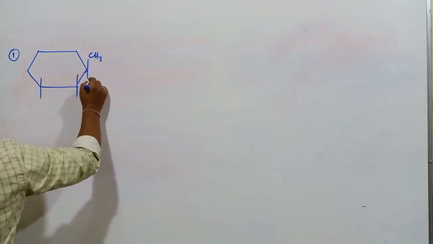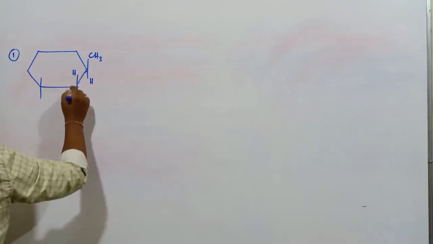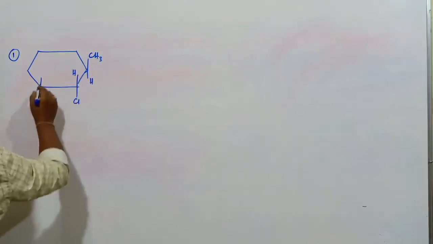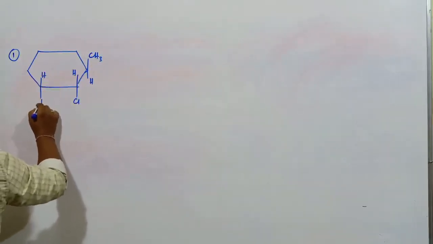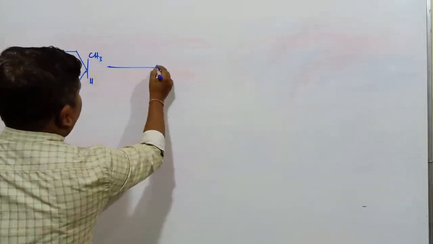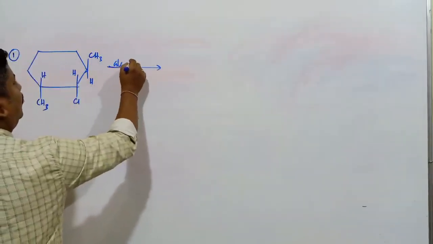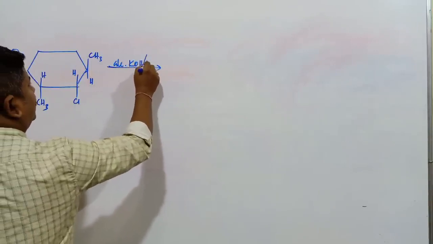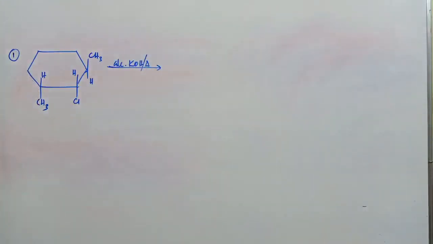CH3, H, HCl, H, H. You can take this one as CH3. What is the product of dehydrohalogenation in this molecule? Which product is possible in this case?